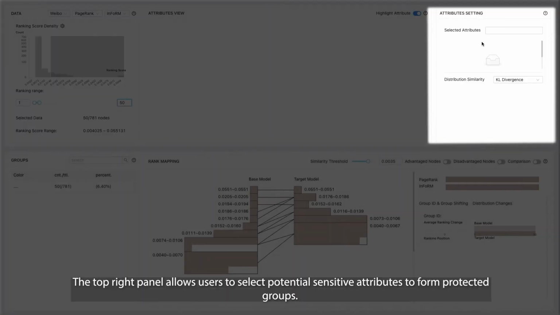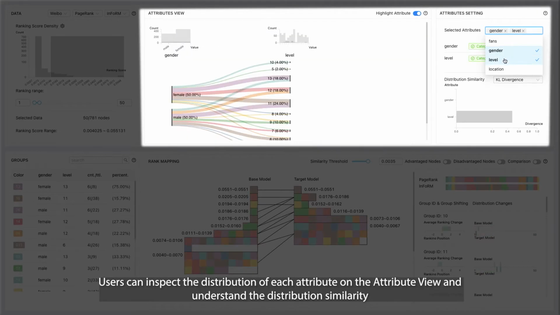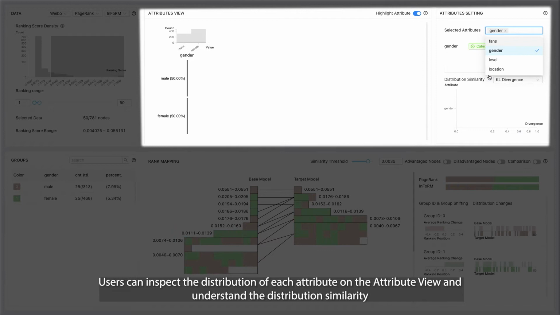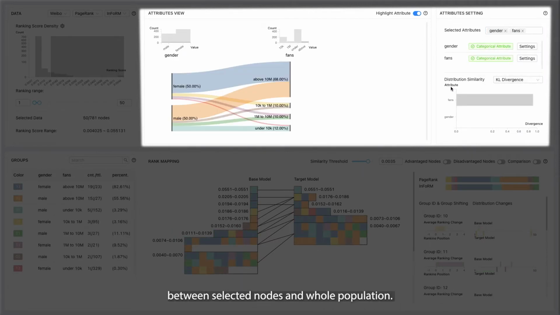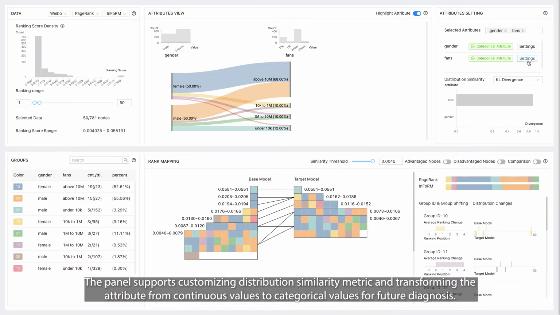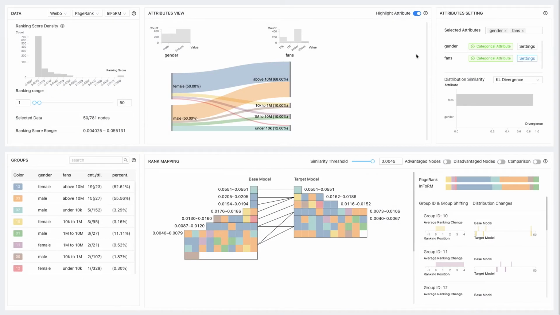The top right panel allows users to select potential sensitive attributes to form protected groups. Users can inspect the distribution of each attribute on the attribute view and understand the distribution similarity between selected nodes and the whole population. The panel supports customizing distribution similarity metrics and transforming the attribute from continuous values to categorical values for future diagnosis.